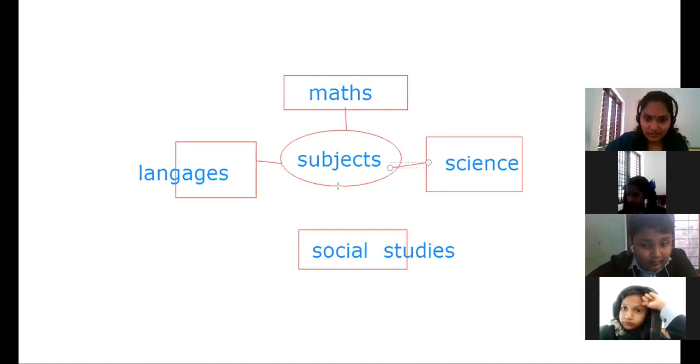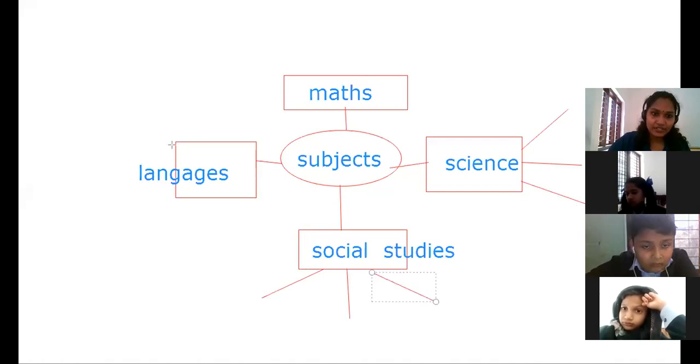This graphical representation will not be very neat. Then science. In science, we have physics, chemistry, and biology. In social studies, we have history, politics, geography.